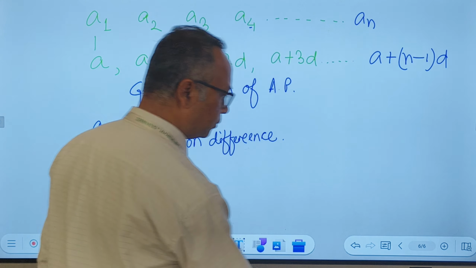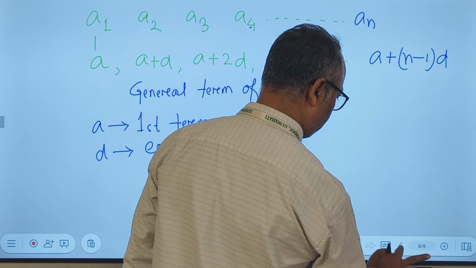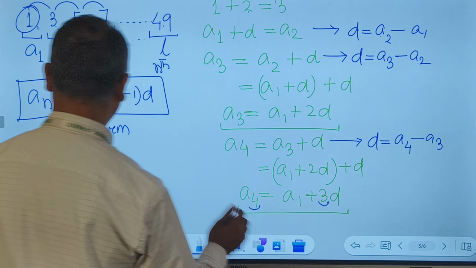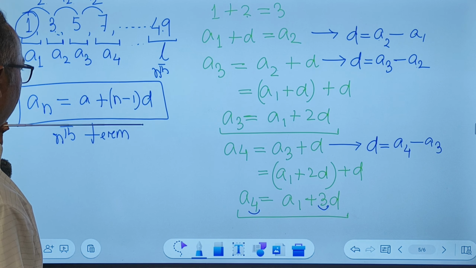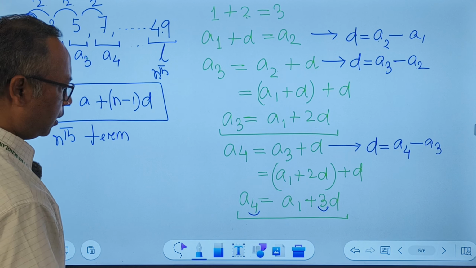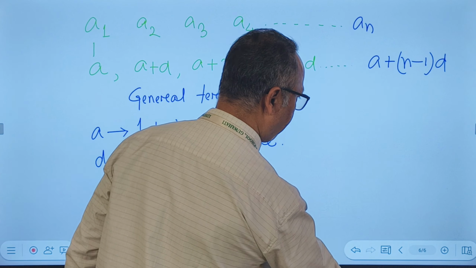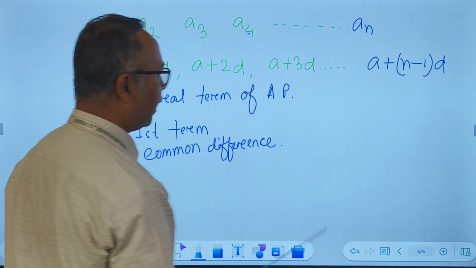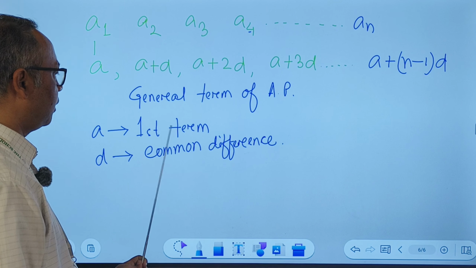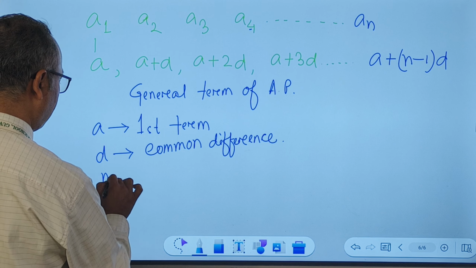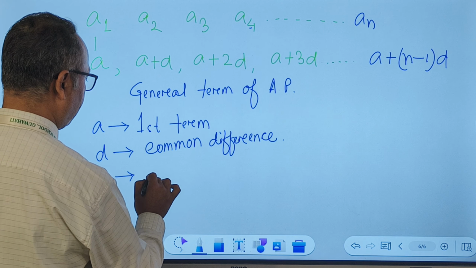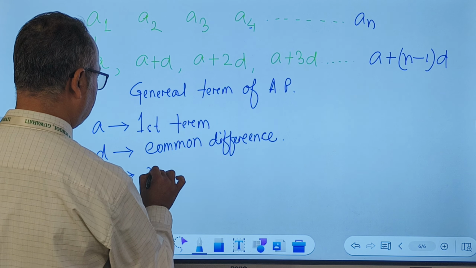So this particular formula, a plus n minus 1 d. If we see this one, a is the first number, d is the common difference. What is n? n is the number of terms.